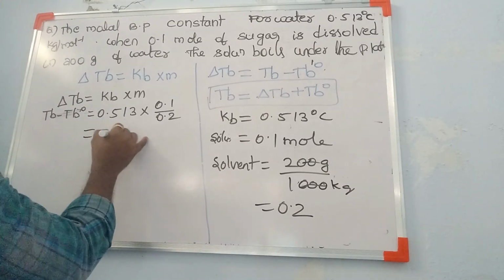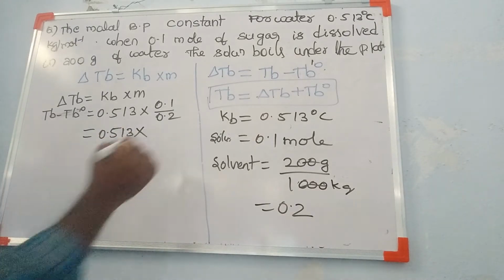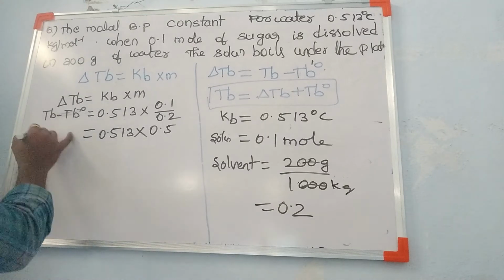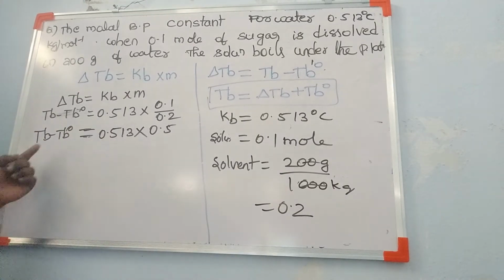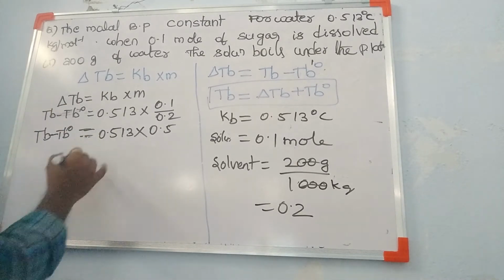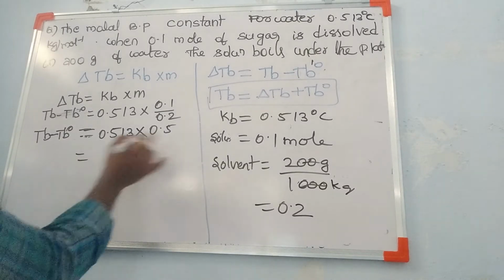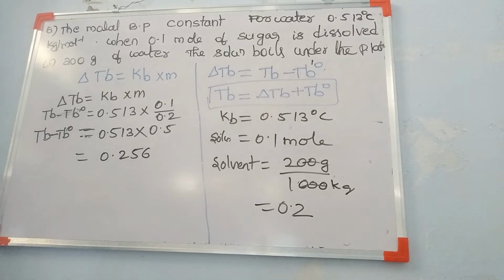0.513 into 0.5 we will write. So delta TB equals 0.256. What solvent are we taking?